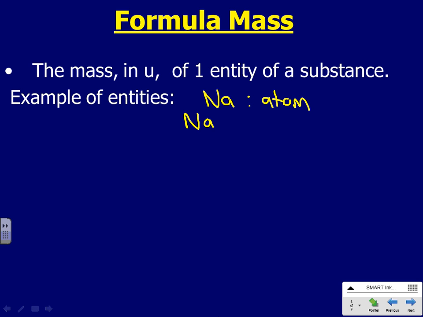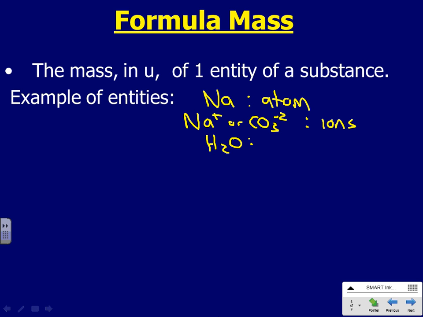I could have Na+, or maybe I could even have CO3 2-. What would that entity be called? Yep. Yeah, those are ions. So when we talk about entities, we're really dealing with just the little chemical things that we deal with all the time. Ions.